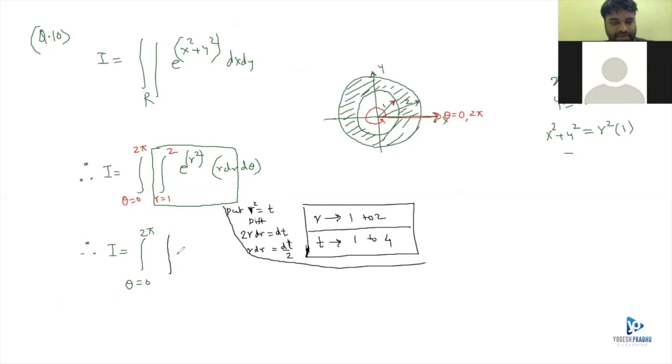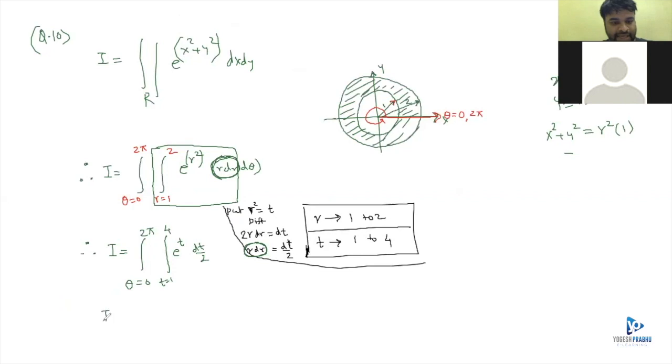This will be the integral t equals 1 to 4 of e to the t. Are you with me? Then what is r dr going to be? r dr would be dt over 2.